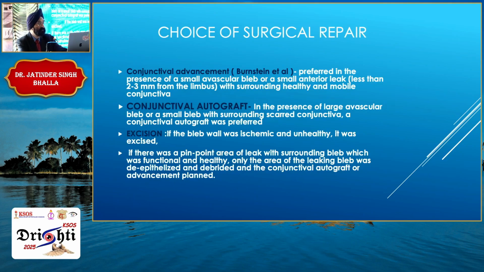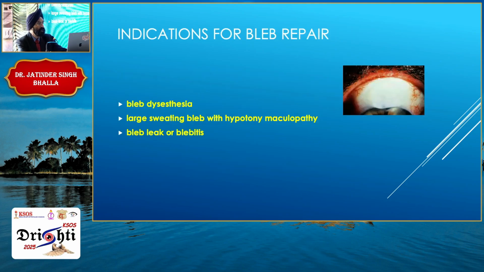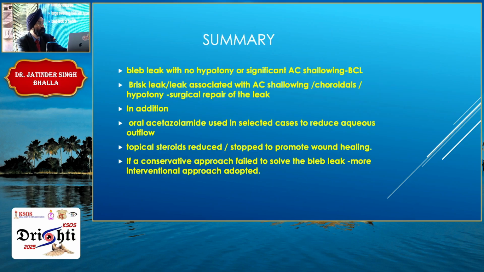Conjunctival advancement is preferred in presence of small avascular bleb or small anterior leak, which is usually less than 3 millimeter from the limbus, with surrounding healthy and mobile conjunctiva. An autograft is used in the presence of large avascular bleb or a small bleb with surrounding scarred conjunctiva. Excision is done if the bleb wall is ischemic and unhealthy, and then the whole bleb is excised. So indications for bleb repair are bleb dysesthesia, large sweating bleb, or bleb leak or blebitis.